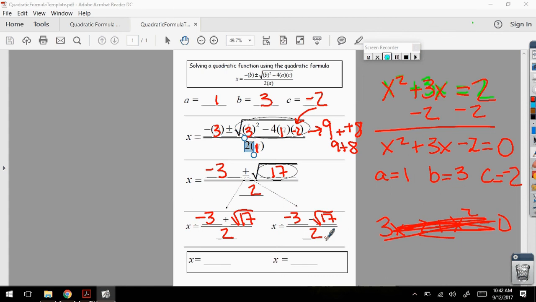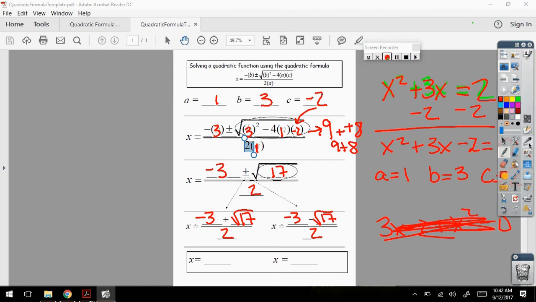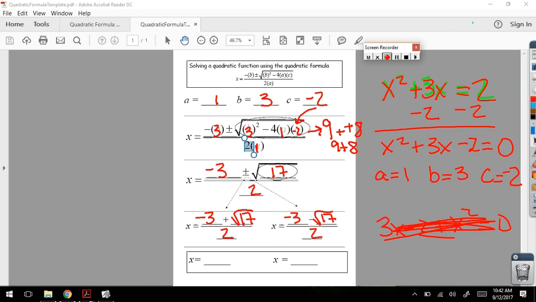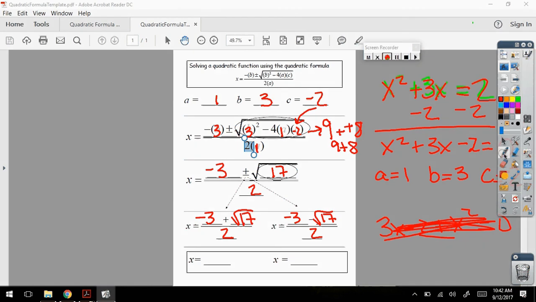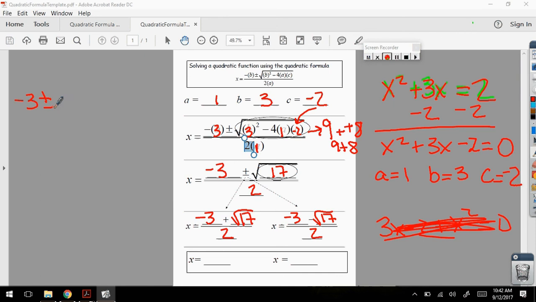The only time you're going to go down further is when that is a perfect square, like we did in the first one. You make it like the square root of 9. That's easy to do. Let's say that under the radical had been 18, so if it was negative 3 plus or minus the square root of 18 over 2, then I would want to break that 18 out. What's the perfect square that goes into it? 9 and what?